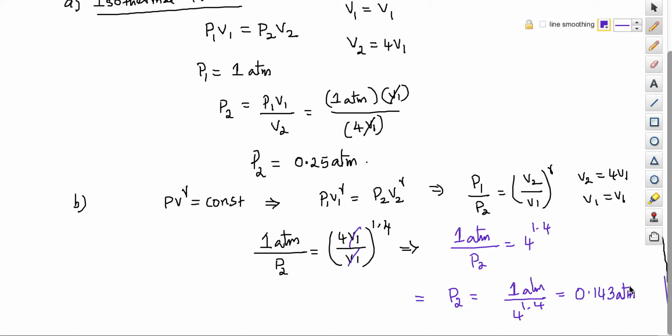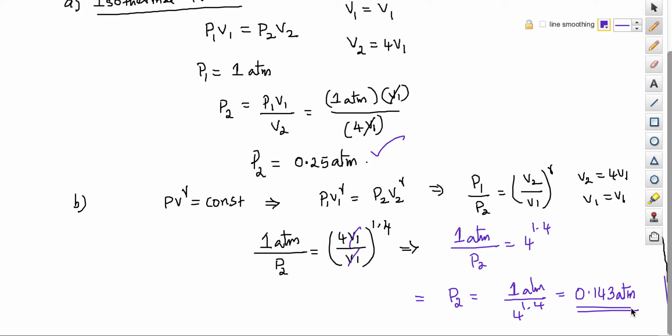Now let's compare: the state reached in the isothermal process has a pressure of 0.25 atm, and the state reached by the adiabatic process has 0.143 atm. It is clearly supporting evidence for what we discussed in the last class.